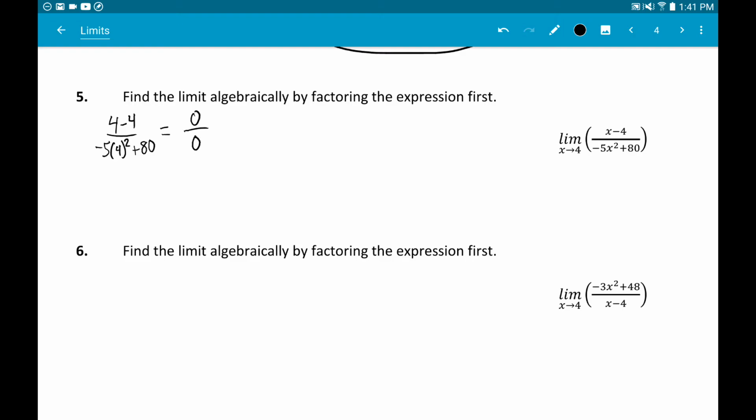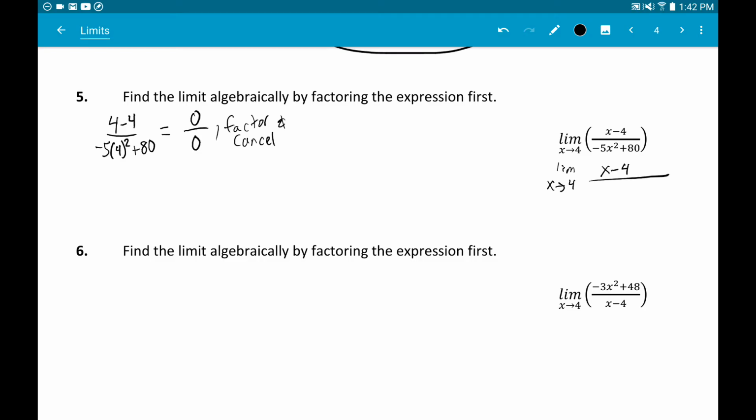So we get the 0 over 0 case. In the previous section, when we got 0 over 0, that told us factor and cancel. So it's going to be the same thing with this. Okay, so let's go ahead and do that here. In this case, x minus 4 is already factored out as it needs to be.